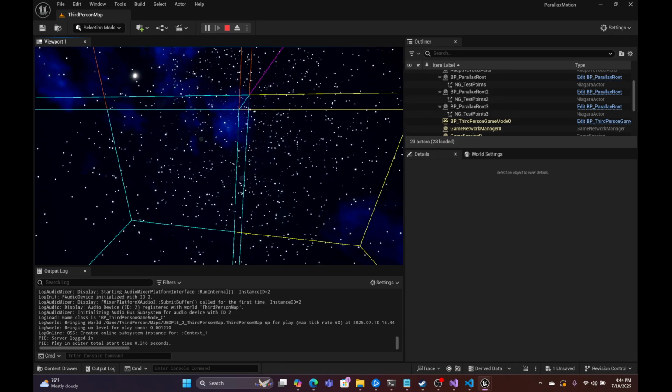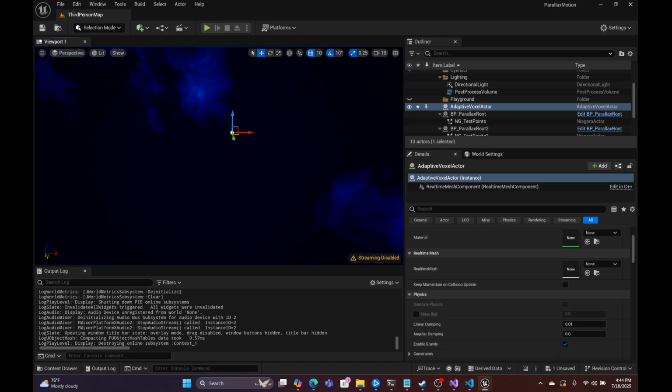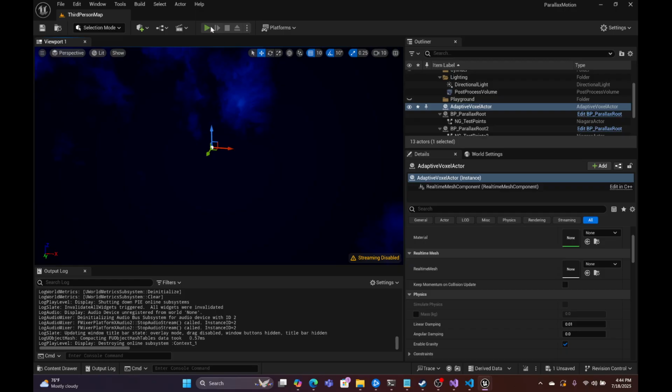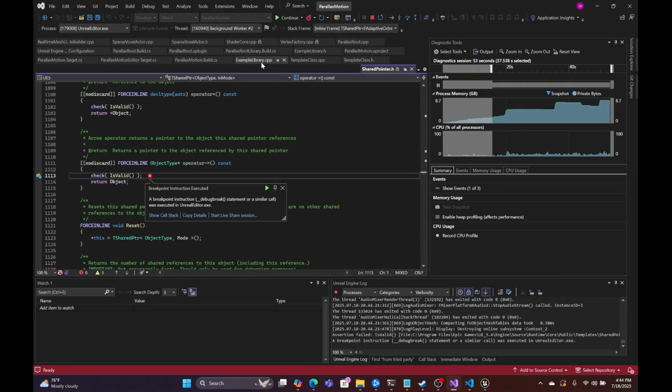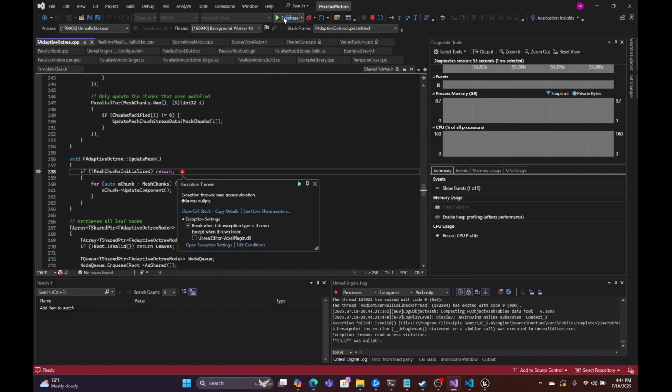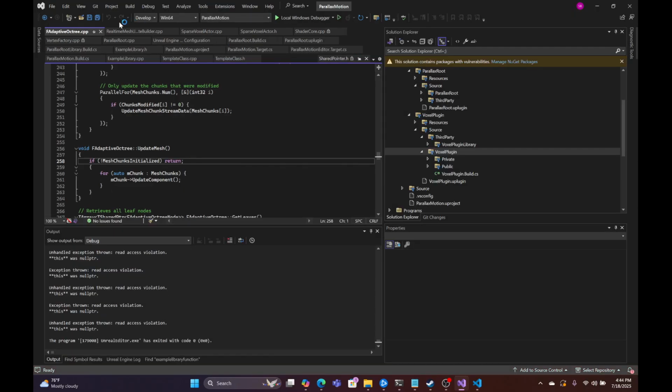It's also not meshing, at least it doesn't appear to be. Unless it's just meshing it way, way bigger. Okay. Now we got some errors, which is fine.